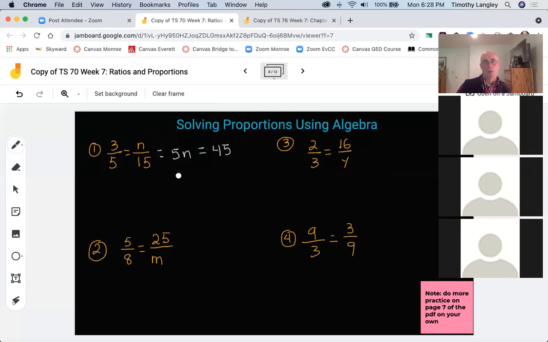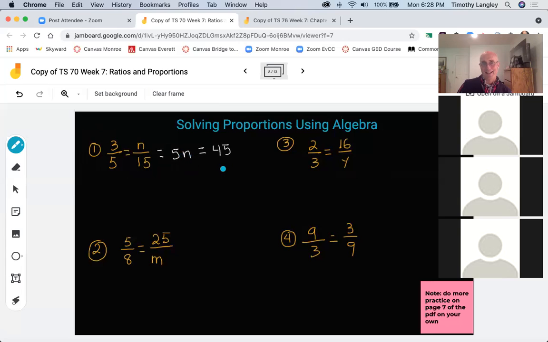So I just wrote that out there, and I'll give you a moment to copy that. Let's think about what I did: I did my cross multiplying. 5 times n will equal whatever this times this is, which in this case is 3 times 15. And then we looked at this last quarter and also again in this class earlier: the principle of multiplication, or whatever you do on one side, you do on the other. You're trying to get n by itself.